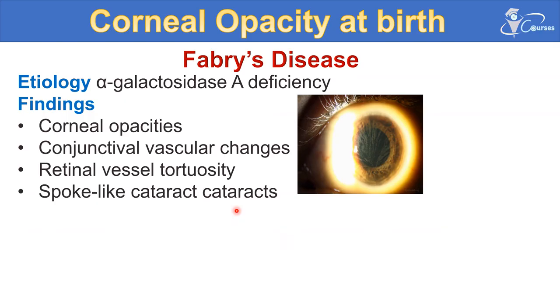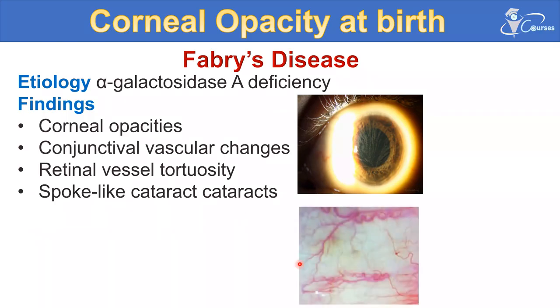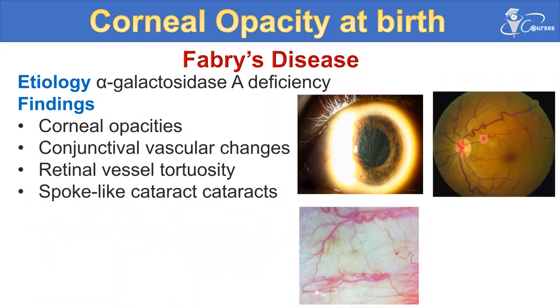The conjunctiva can show dilated or tortuous conjunctival blood vessels. These are some conjunctival vascular changes which occur in around 50% of cases. Retinal vascular tortuosity, again, you see this abnormal retinal vasculature, also occurs in around 50% of cases of Fabry's disease.